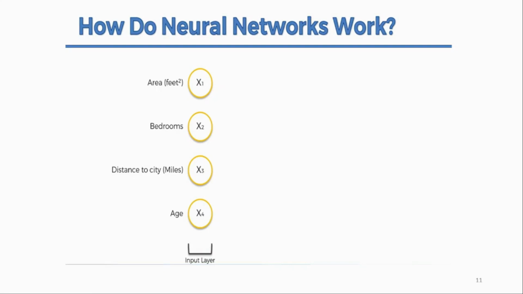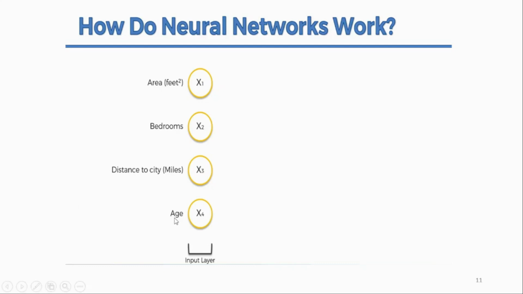So if you look at this, the input layer, these are nodes in the input layer. The input layer accepts inputs like area of the house, bedrooms of the house, distance to the city, how far the house is from the city or main market, and then age of the house.